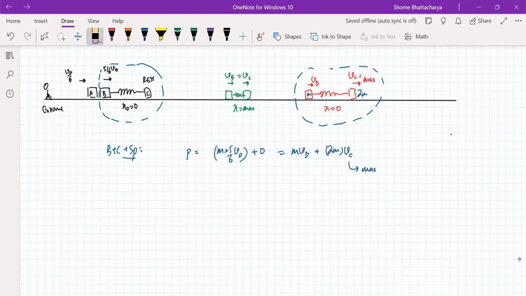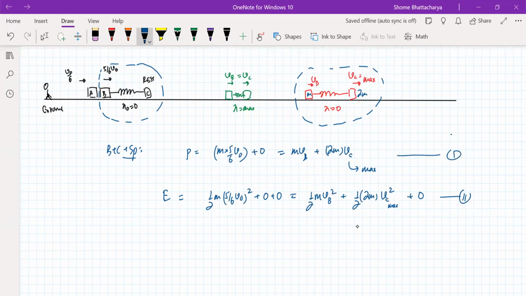That is one equation we have. And also the mechanical energy of the system, which is half M 5 by 6 V naught whole square plus 0 plus 0, no potential energy here, is equal to half M VB square plus half 2M into VC's maximum value squared plus 0. So if you now compare equation 1 and 2, which type of equation is it actually?